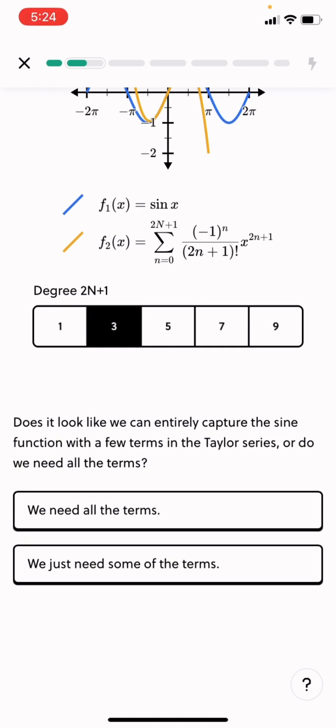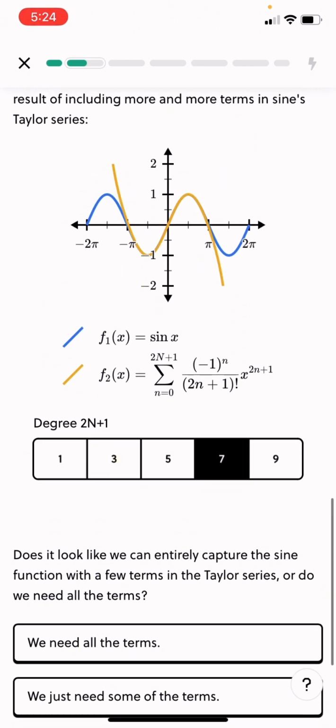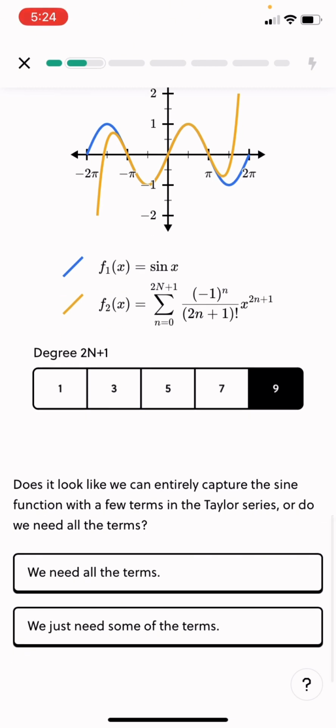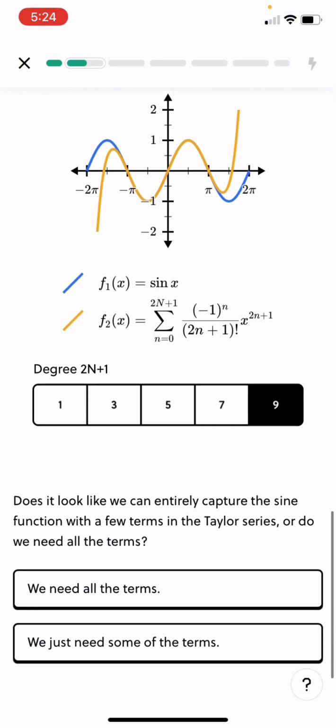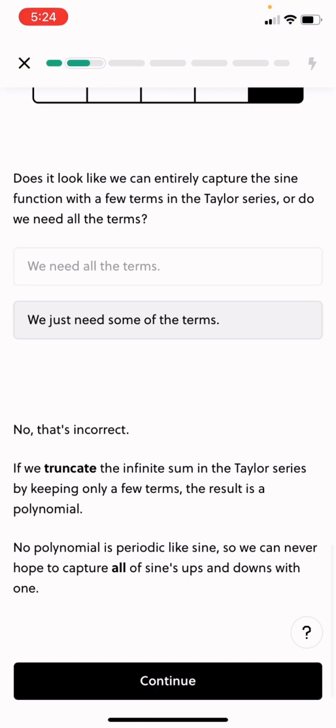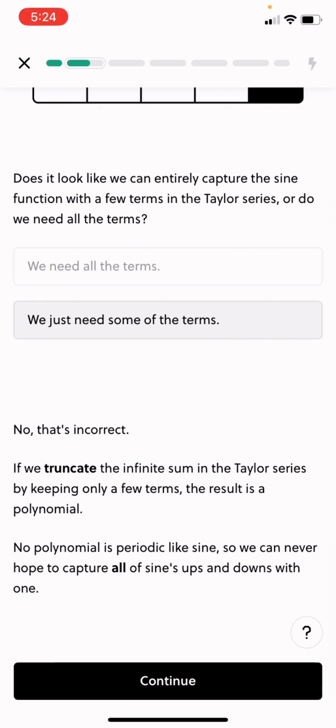Does it look like we can entirely capture the sine function with a few terms in the Taylor series, or do we need all the terms? It doesn't seem like we need all the terms. Exactly. We probably could simplify it. Of course. No, that's incorrect. If we truncate the infinite sum in the Taylor series by keeping only a few terms, the result is a polynomial.